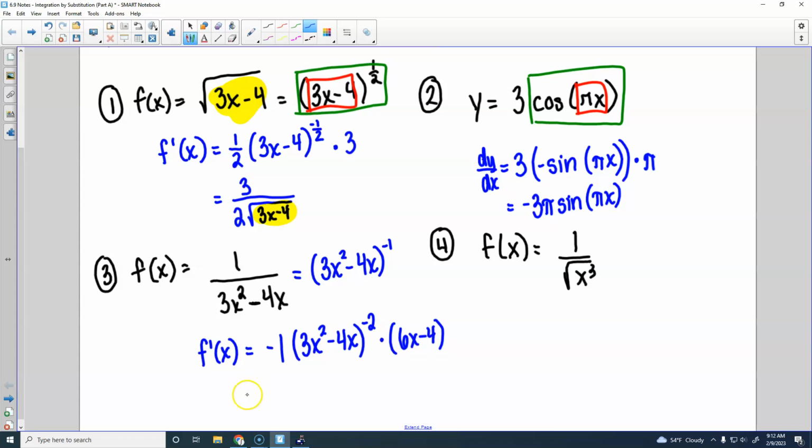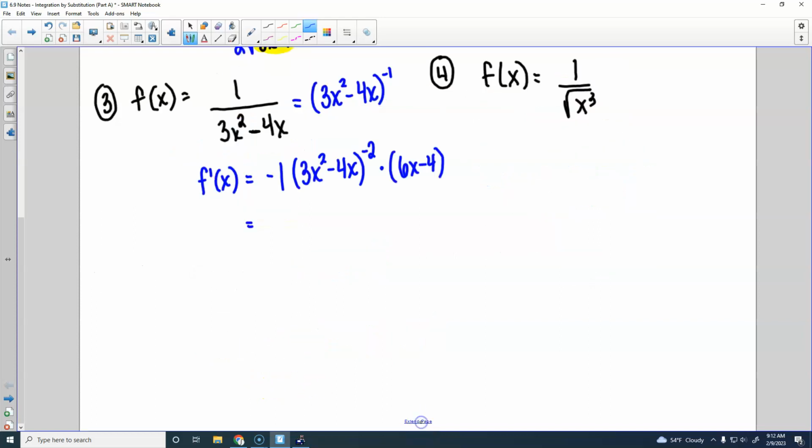And so that, if we want to simplify that, I'm going to just put the negative out front. We'll have 6x minus 4 over 3x squared minus 4x squared.